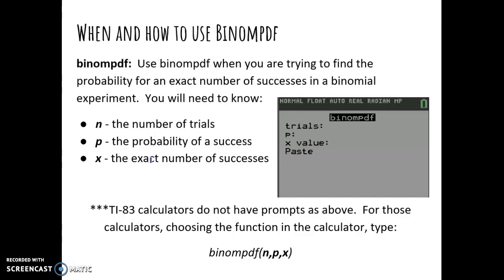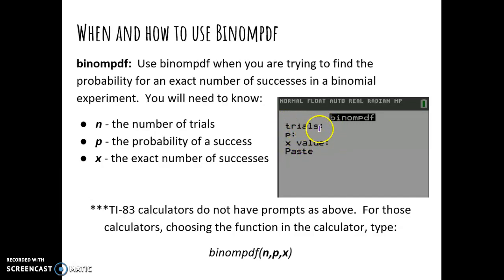Now you need to know 3 things to put into your calculator. You need to know the number of trials, which we call N. You need to know the probability of a success, which in an earlier video on an earlier slide we called P. And we need to know the exact number of successes that we're trying to find the probability of, and that would be X. Now, for those that have the newer 84s, when you choose binom PDF, it's going to give you prompts.